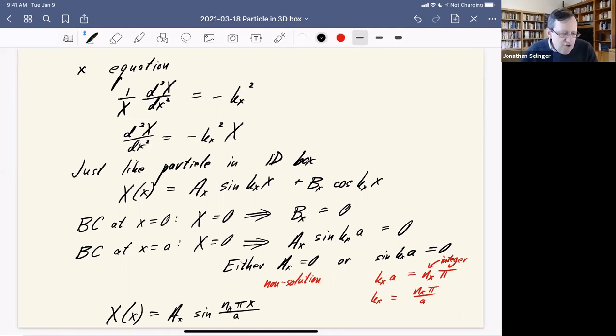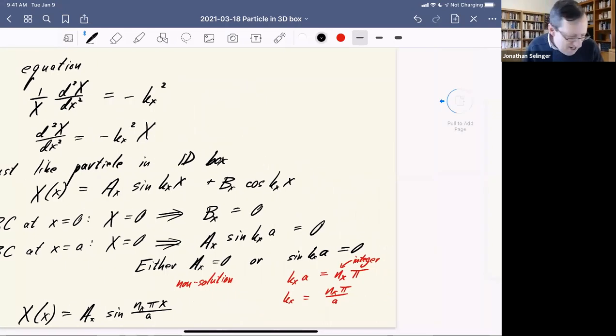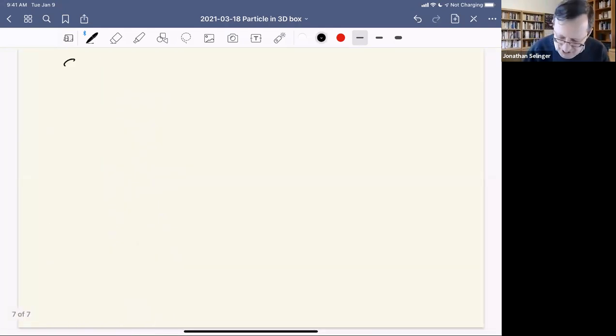That is the solution for the big X of little x function. Now we need to do exactly the same thing for y and for z. I don't really have to go through all the steps because we're doing all the same steps again.